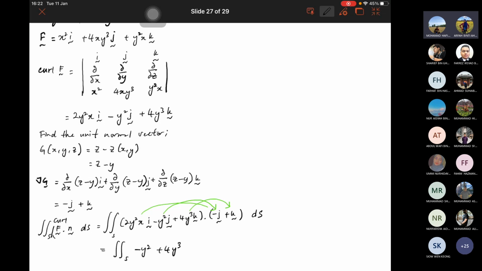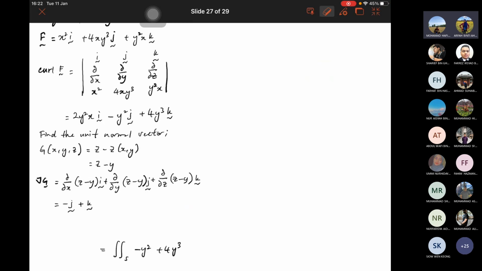Okay. Alamak, sekejap. Dia punya vector component akan jadi negatif. Okay. So betul kan, the orientation is negative. Tak perasan pula.